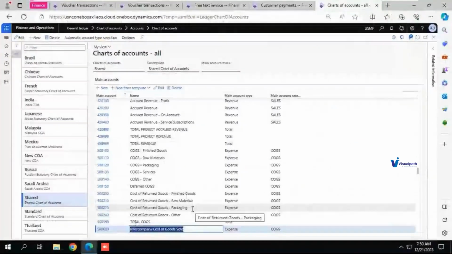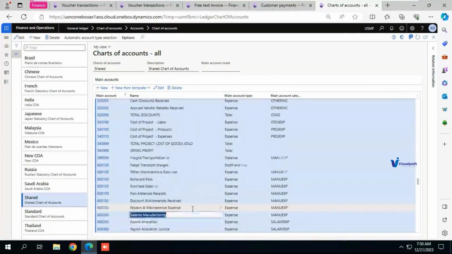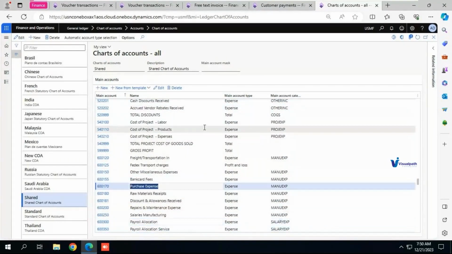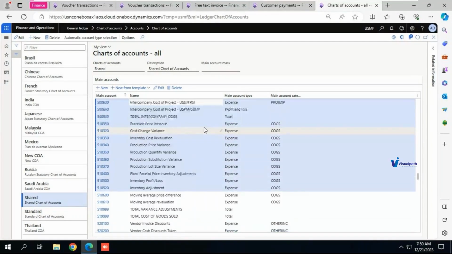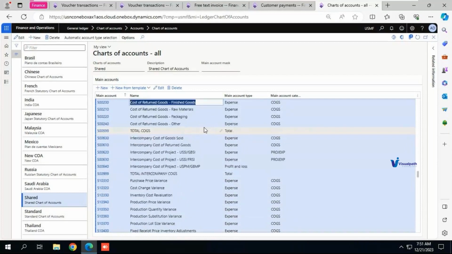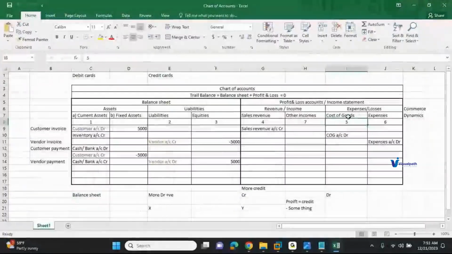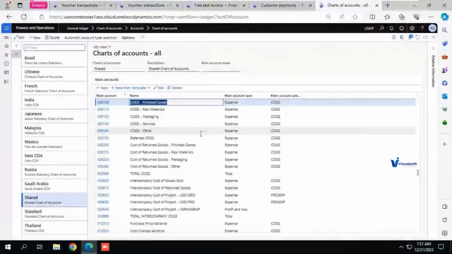Six series is expenses. Five series is also expenses only, but for cost of goods and expenses, it is separated: the 5 series and the 6 series.